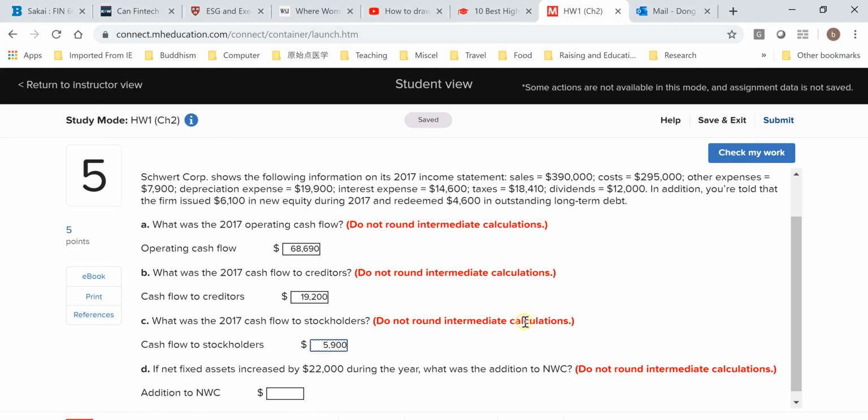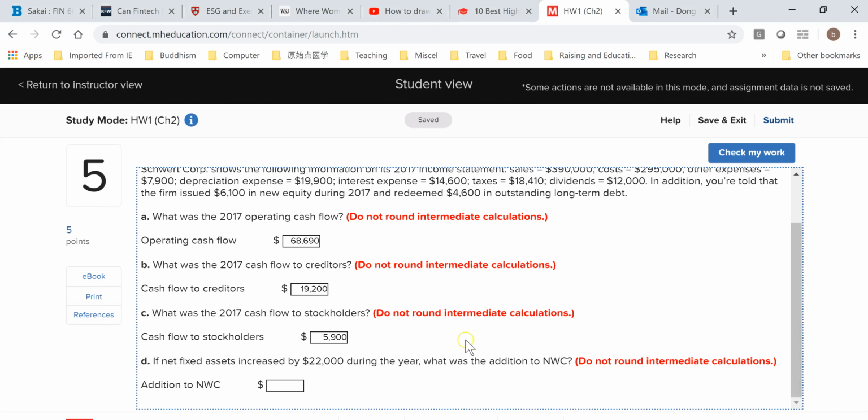Cash flow to stockholders. And then finally, if net fixed assets increased by $22,000 during the year, what was the addition to net working capital? So to answer this part of the question, we first need to know the so-called cash flow identity.